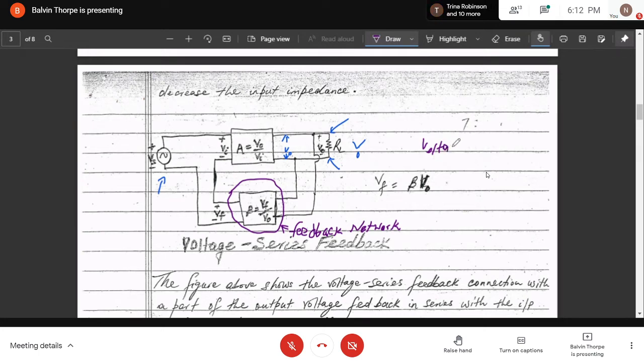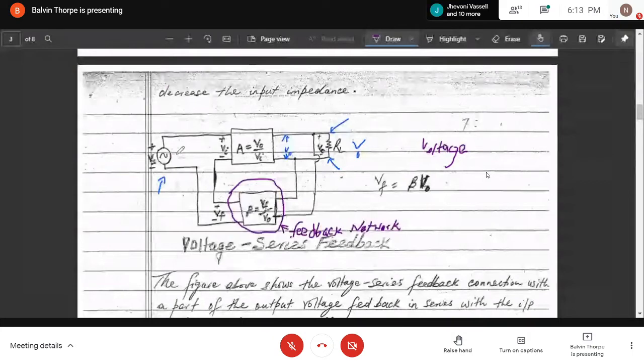So when we talk about voltage, we take a portion of the output voltage and make that output voltage become the input to this feedback network. So it's a voltage-something network.